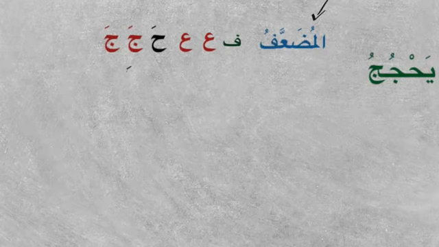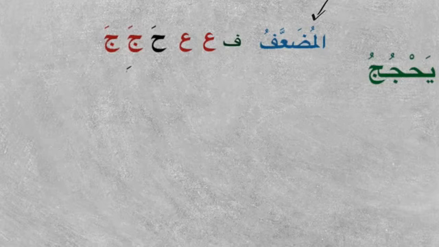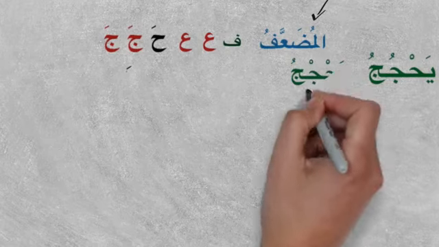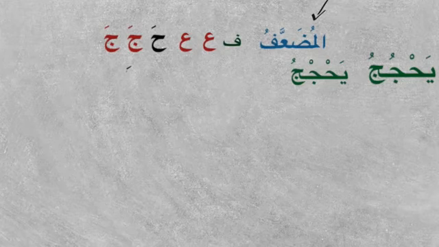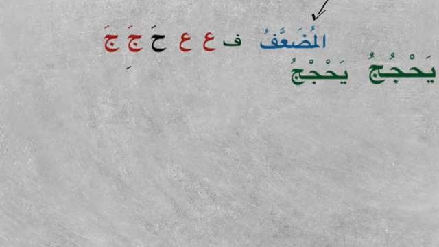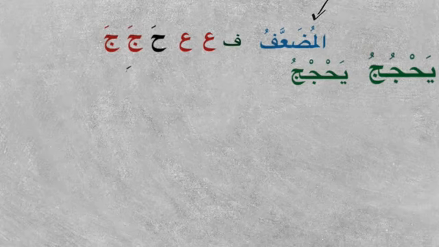Now what happens here is, because the ayn kalima and lam kalima are the same, the lam kalima loses its vowel sign. So again we have iltiqa' sakinayn, and this is a salim letter, not a weak letter, so we cannot drop it, we have to keep it. So what is the solution here? How can you pronounce? What happens here is that again there is a change in the vowel signs.